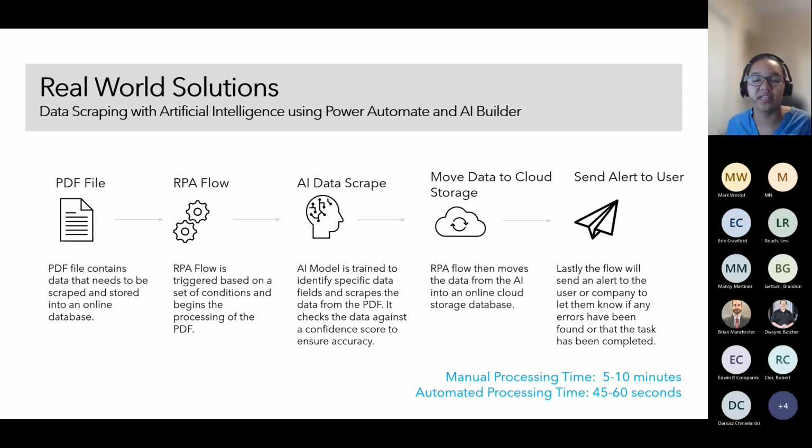So we're really just ensuring that we have good data. Then ultimately, we move it to that cloud system or that database or whatever ERP system it's designated for, and you can send an alert. So now you've automated that process end to end, and you no longer have to worry about it. You simply go in and you see, hey, this is done for me.